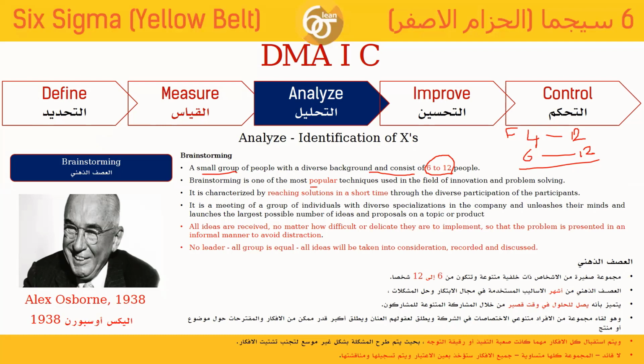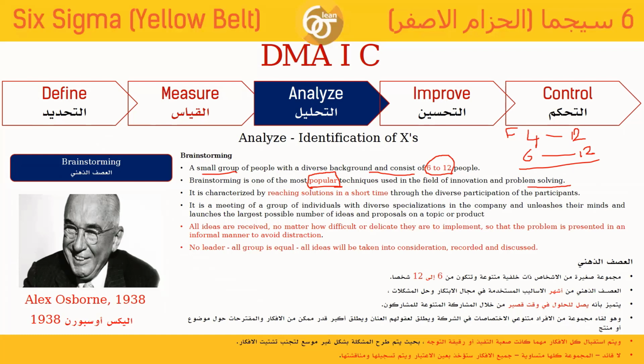Brainstorming is one of the most popular techniques used in the field of innovation and problem solving. As I mentioned, many of you maybe have used it, definitely used a brainstorm in order to get a solution for your problem. Many of them know in a particular subject, particular name, there is a brainstorming: we are going to do brainstorming in order to fix this one.